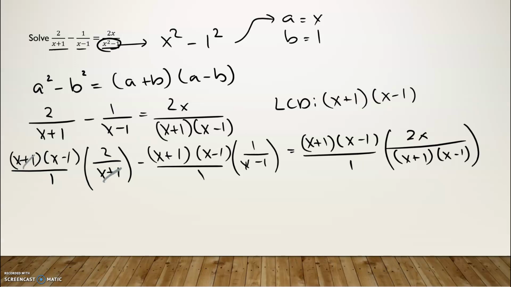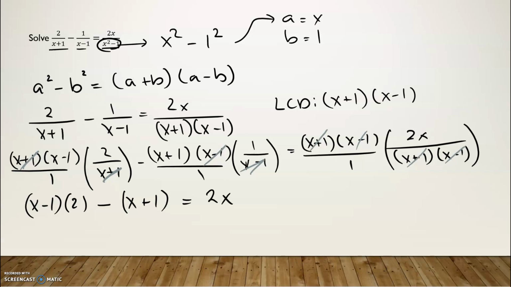Then start canceling out where you can. Okay, so I have x minus 1 times 2 minus x plus 1 times 1 equal to 2x.